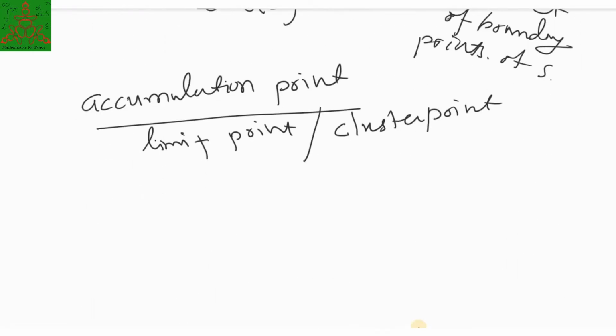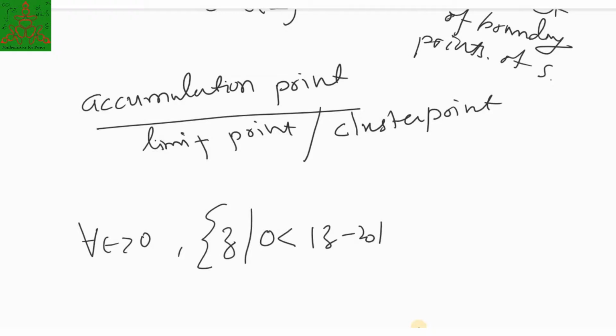If each deleted neighborhood contains at least one point of S, then that point is called an accumulation point or limit point. That means for every epsilon greater than 0, the deleted neighborhood, 0 less than mod z minus z0 less than epsilon, has non-empty intersection with S.